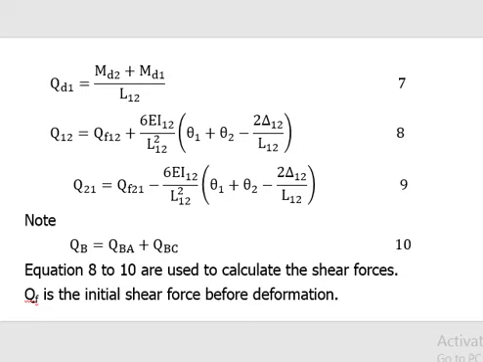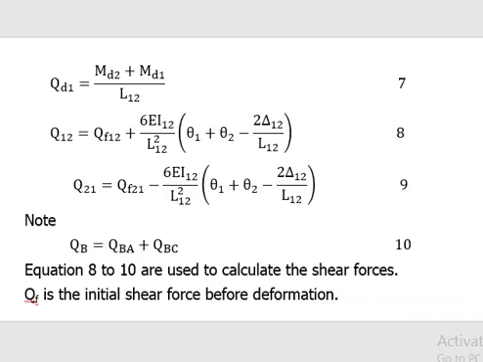Q12 is the shear force at support 1 within span 1-2, and is equal to QF12, that is the fixed end shear force due to externally applied load on support 1 within span 1-2, plus 6AI12 over L12 squared in bracket theta 1 plus theta 2 minus 2 delta 12, all over L12. I think I explained all these parameters while I was talking about equations 5 and 6 for bending moment.